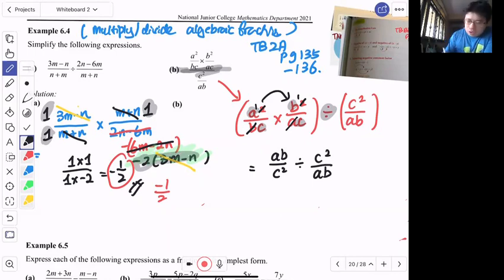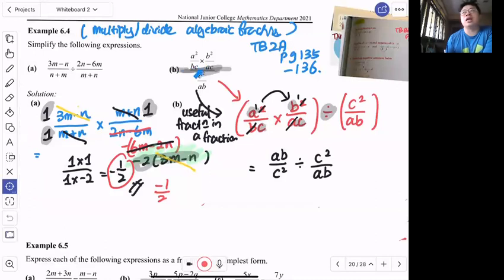Changing this to this is useful when you have a fraction in a fraction. The maneuver of changing the division sign to a linear form is very useful when you have a disgusting fraction in another fraction.